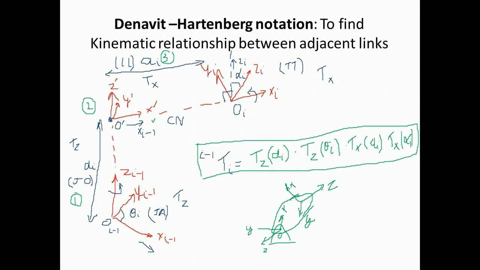So you can see that both these frames are lying with the same origin. So with respect to this, the first value is going to be 0. So in such a manner we can find these parameters between two adjacent links.